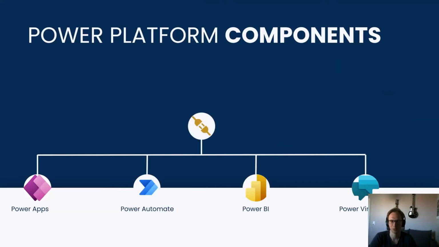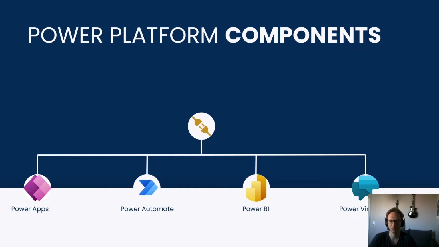Before we start, we're going to take a look at the components of the Power Platform. As you might know, the Power Platform consists of four different components. The first one is Power Apps, with which you can build beautiful applications for mobile, desktop or browser.